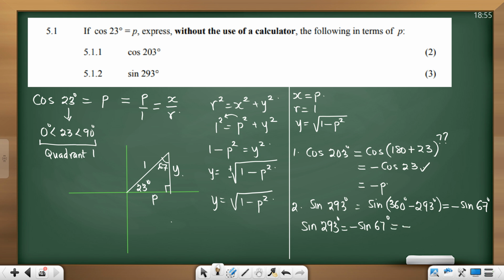And that is the same thing as negative cos 23, because 67 plus 23 would give me what? 90. And I'm done. My negative remains, cos 23 is P. Oh, that's why they didn't even ask us to sketch here, because they know we don't need y. But it's good to always sketch. Please let me know if this makes sense.